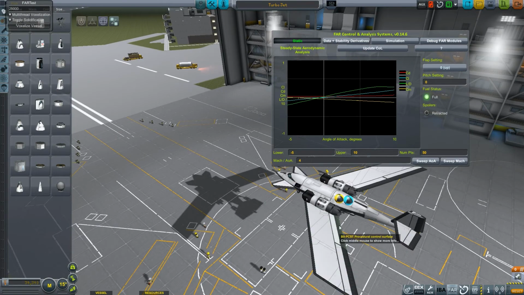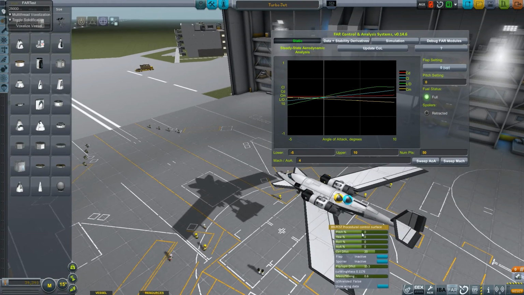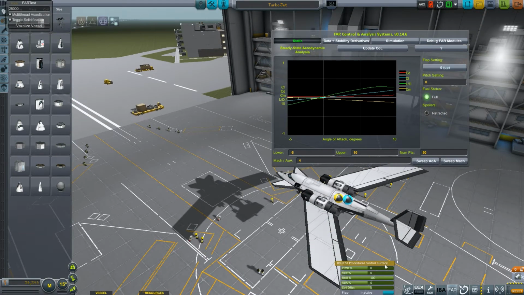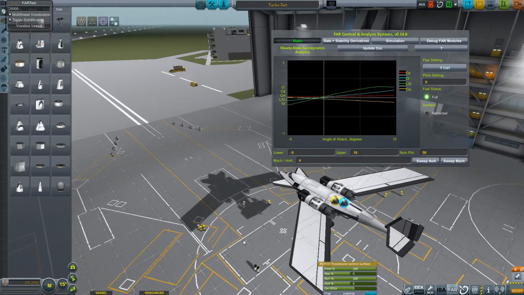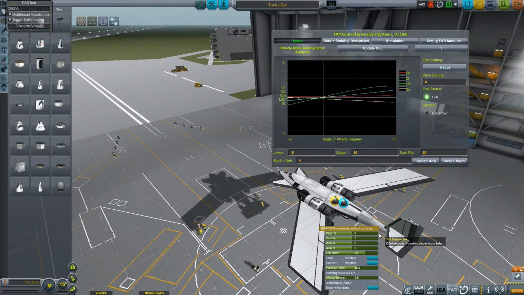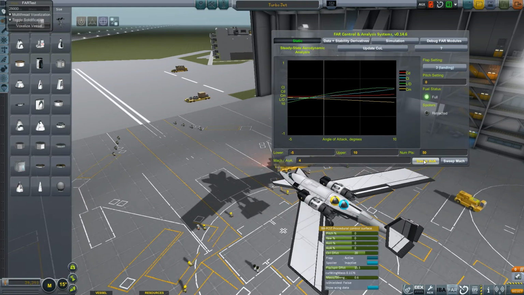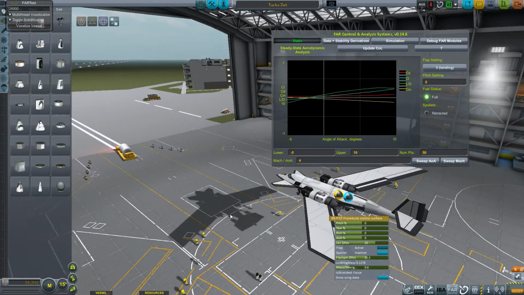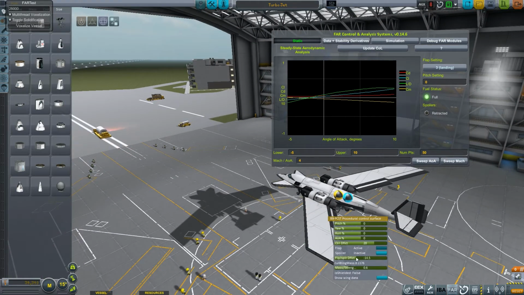So we will turn off pitch here, turn on pitch for this one, and activate flaps. Sweep angle of attack. And you can see that increased our drag. Our flaps are actually going in the wrong direction.